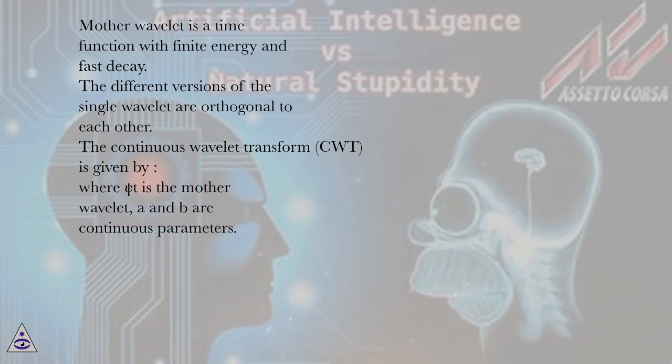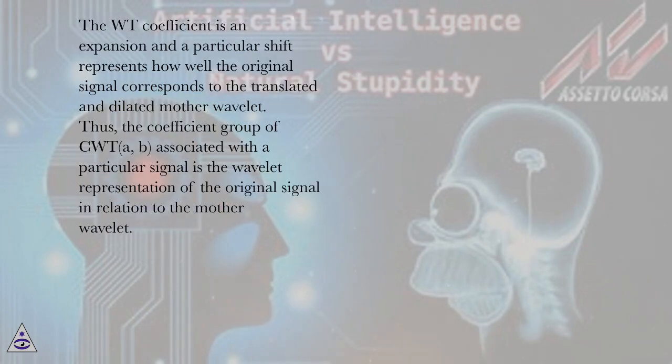The continuous wavelet transform, CWT, is given by the equation where Ψ(t) is the mother wavelet, and a and b are continuous parameters. The weight coefficient for an expansion and a particular shift represents how well the original signal corresponds to the translated and dilated mother wavelet.